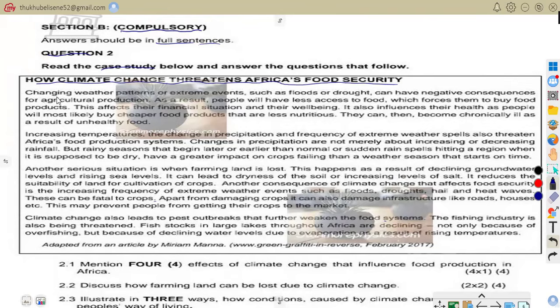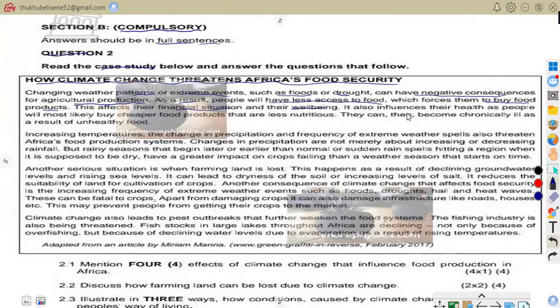It says changing weather patterns or extreme events such as floods or drought can have negative consequences for agricultural production. As a result, people will have less access to food, which forces them to buy food products. This affects their financial situation and their well-being.